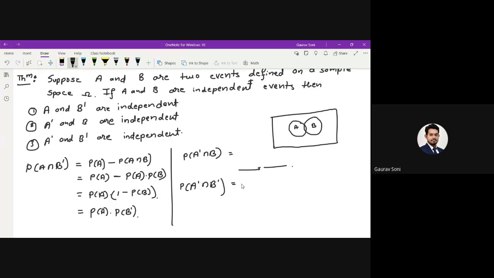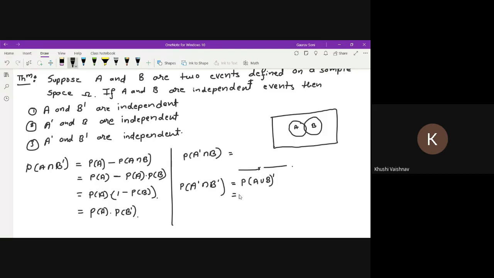So this is the probability of (A union B) complement, by which law? De Morgan's law.